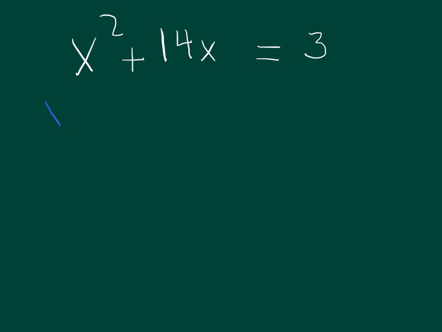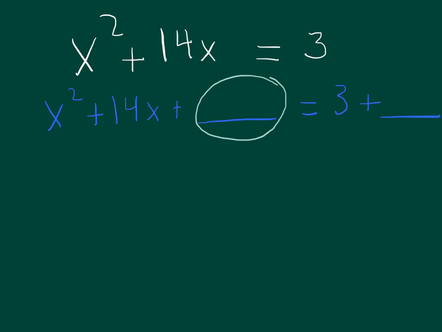So I think about my binomial here, and I ask myself, what could I add to both sides of the equation, but particularly, what could I add here to turn this into a perfect square trinomial? So this is what I want to be thinking. I want to be able to add to 14, and then I want to think about whatever that number would be squared would give me this here.